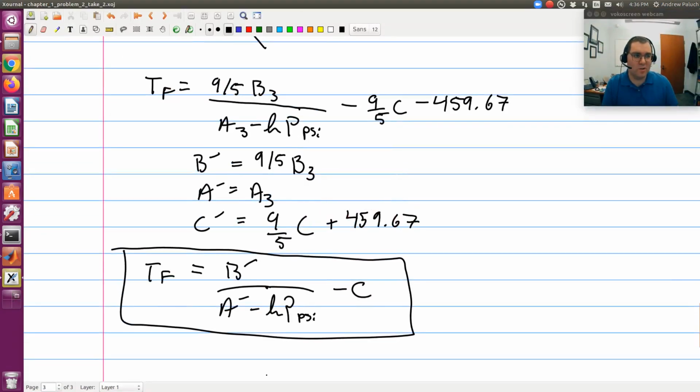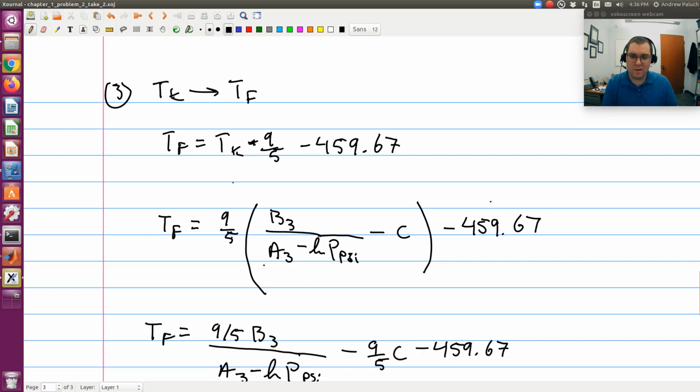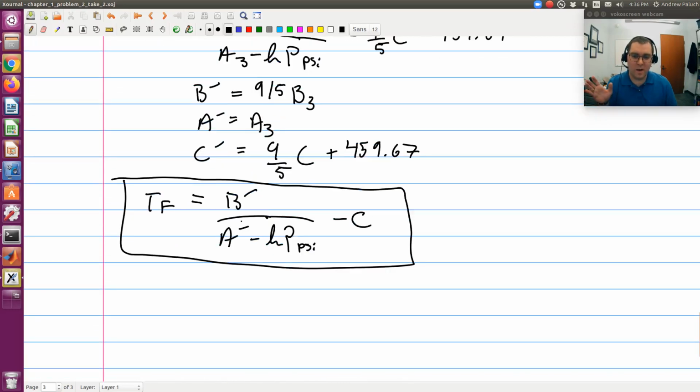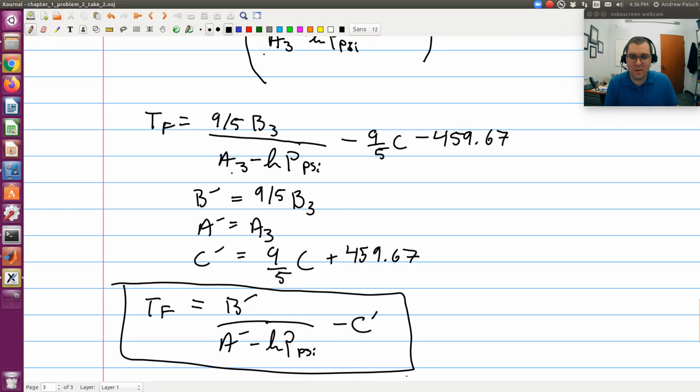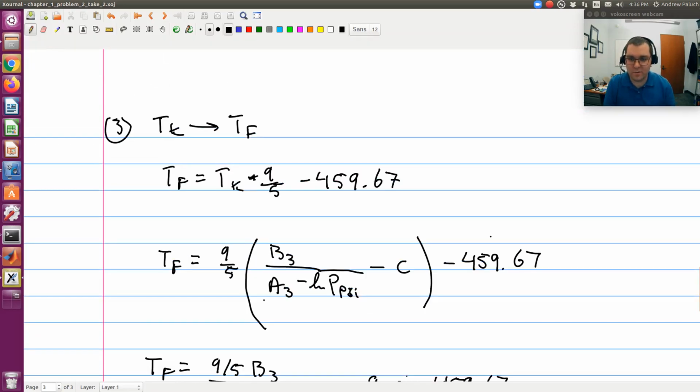So the first question is, let's convert that temperature from Kelvin to degrees Fahrenheit. Then we have a reference temperature in Fahrenheit, and we'll try this expression with our new constants A prime, B prime, and C prime, and see if we get it to work. Hopefully it does. I'm confident it will.